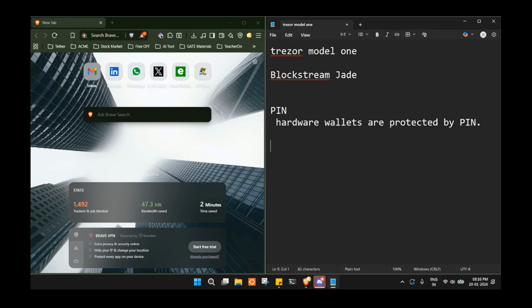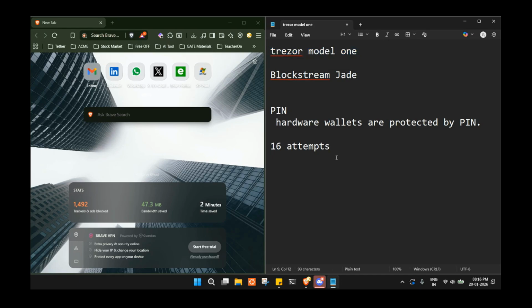It could be a 4-digit PIN, a 6-digit PIN, and in Trezor's case, if I am not wrong, you could try 16 attempts, or maybe it might be less, but earlier it was 16 attempts. In the same way, all the hardware wallets have some kind of fixed number of attempts. These are certain attempts you can try, and then you can access the hardware wallet.